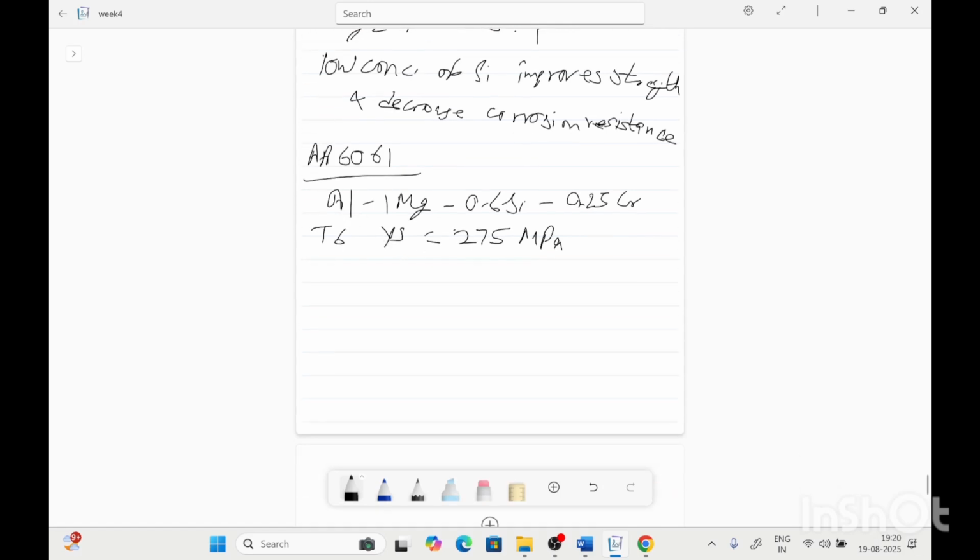So this is the intermediate strength alloy. The application of this is in architectural applications. Architecture is structural.